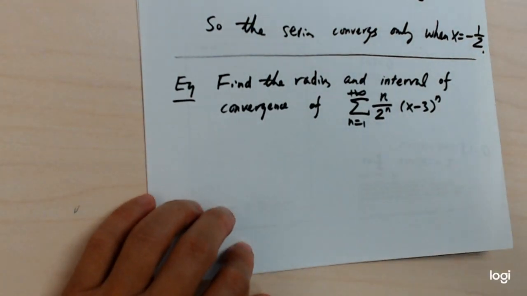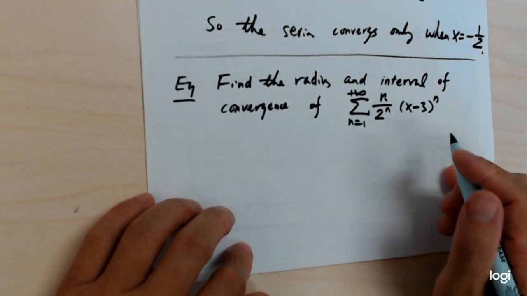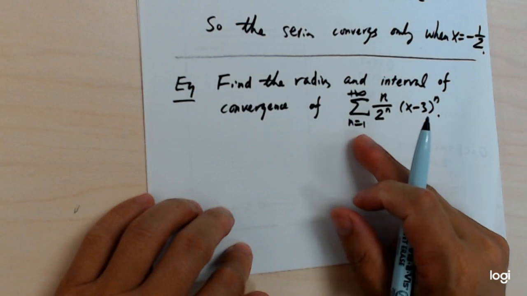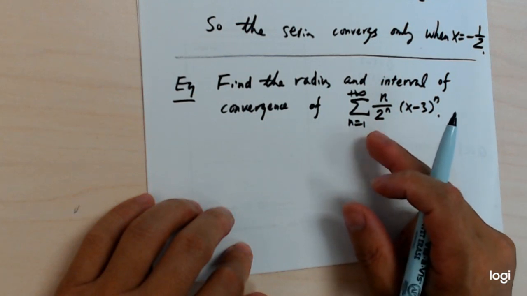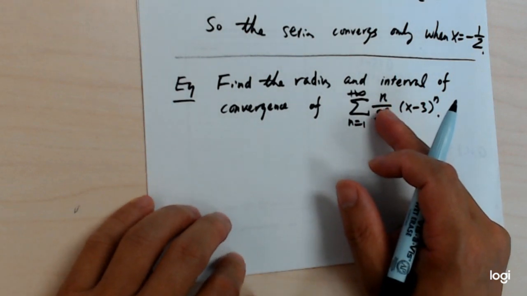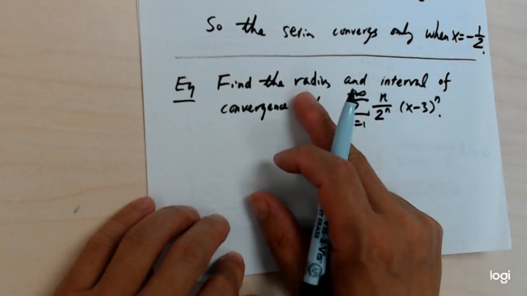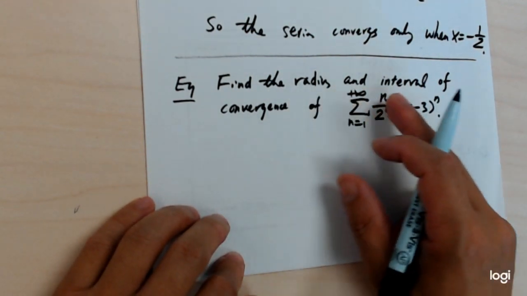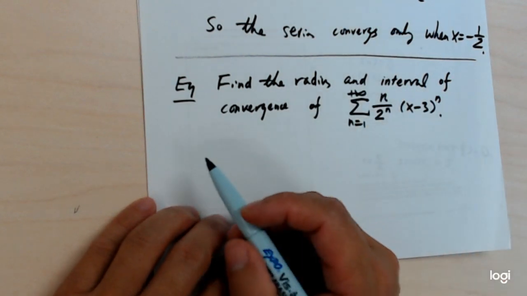Here n starts from 1, and that's okay, because for n equal to 0 the first term would be 0. We are looking for the radius and the precise interval of convergence for this problem.